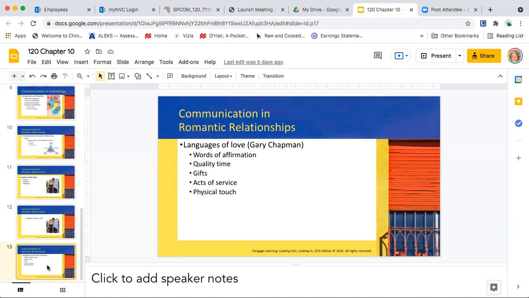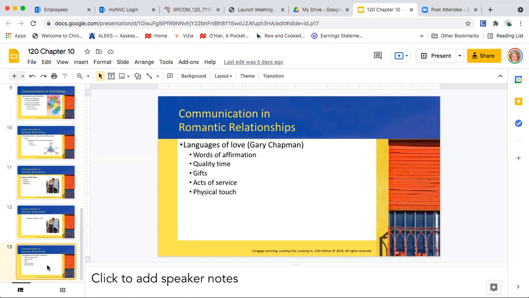Quality time: someone whose love language is quality time feels a lot more love when they're spending quality time with their partner. Some people's love language is receiving gifts. I know people who love to receive flowers, for example. Some people's love language is acts of service, like when you do something for your partner that your partner really benefits from.